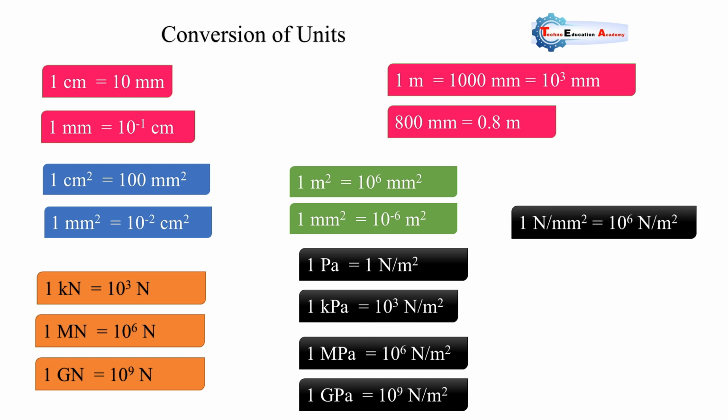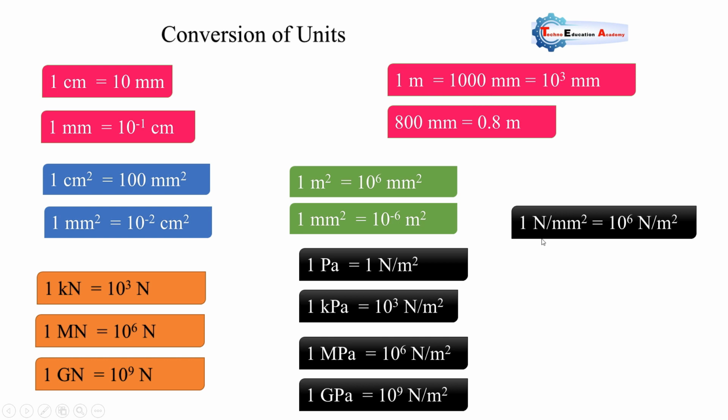In some examples it is given in mm square, but according to the SI unit we need to convert into meter square. So 1 Newton per mm square equals 10 raised to 6 Newton per meter square. How can we derive it? Here you can see that 1 meter equals 1000 mm. So if any value is given in Newton per mm square and we need to convert into Newton per meter square, the relationship between meter and mm is 1 meter equals 1000 mm.